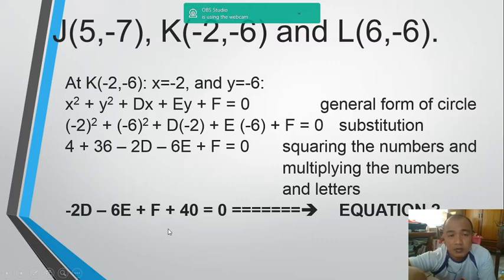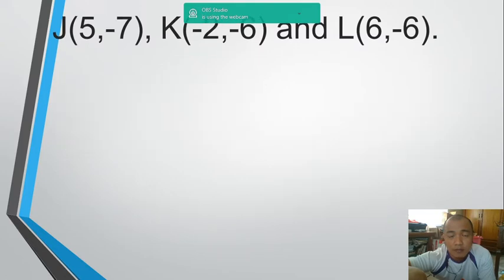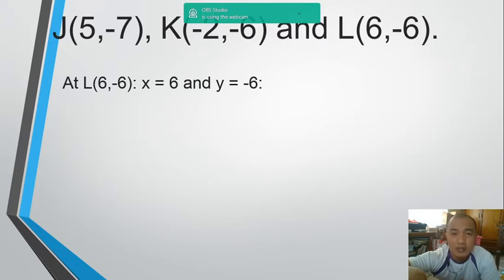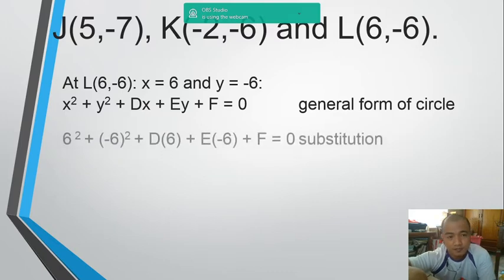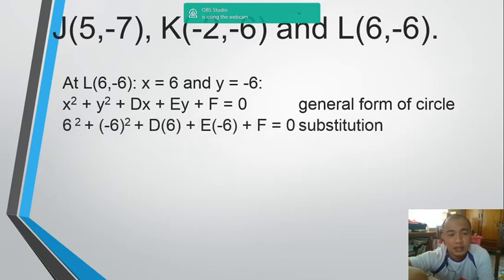And let's proceed to our equation 3 by using point L(6, -6). So that means x equals 6 and y equals -6. Substitute this to the general form of circle: 6 squared plus (-6) squared plus D times 6 plus E times -6 plus F equals 0.